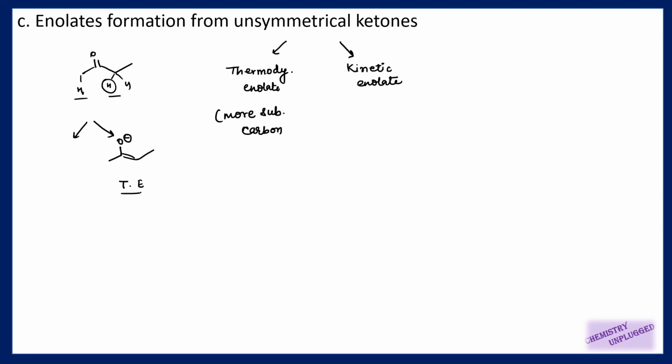And when you get it from the less substituted carbon, then it will be your kinetic enolate, right? So thermodynamic enolates are formed under high temperature conditions or even at room temperature conditions, and kinetic enolates are formed under low temperature conditions, right?